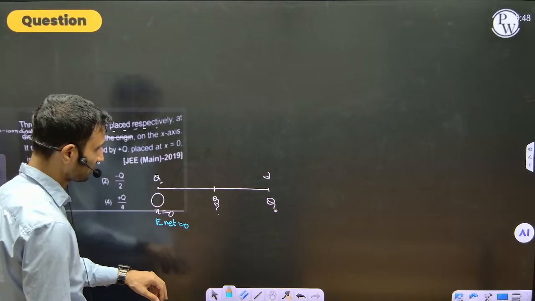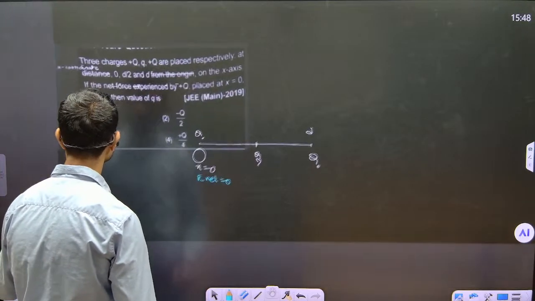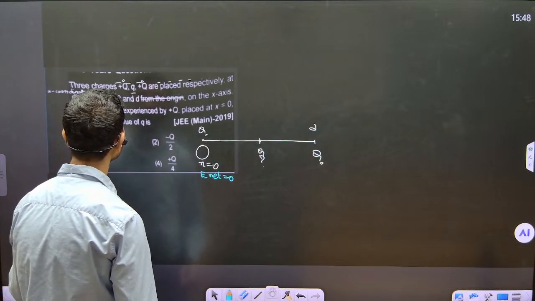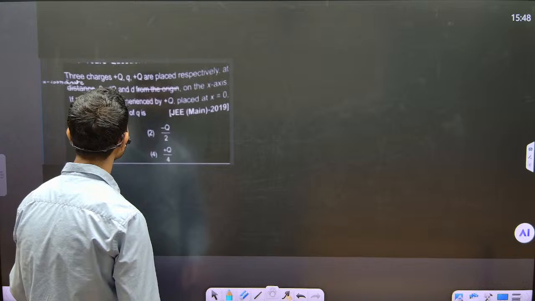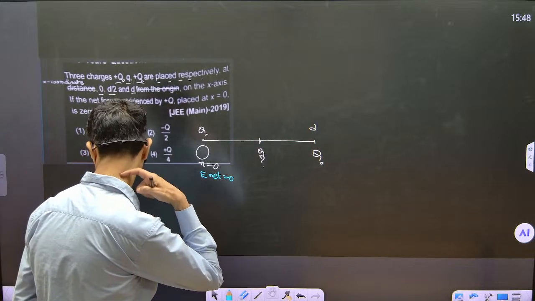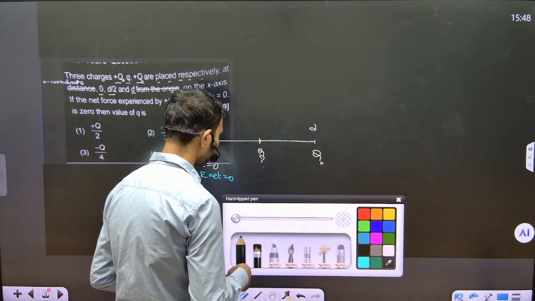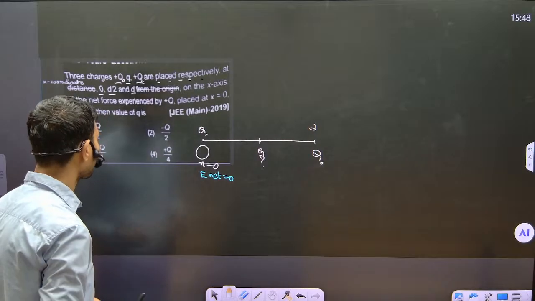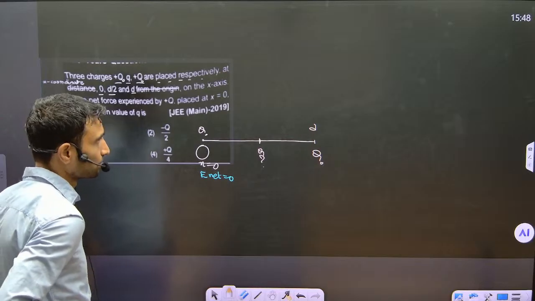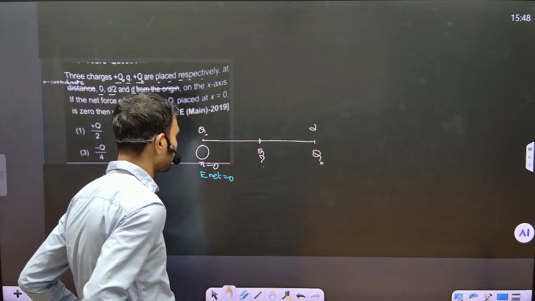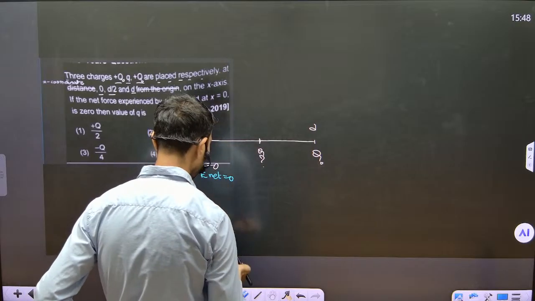How to do this question? What is the value of Q? See, you want net force to be 0 on this object, no? So let's write down the forces.